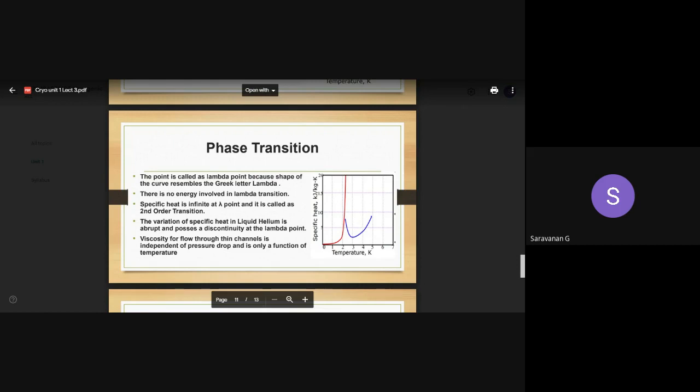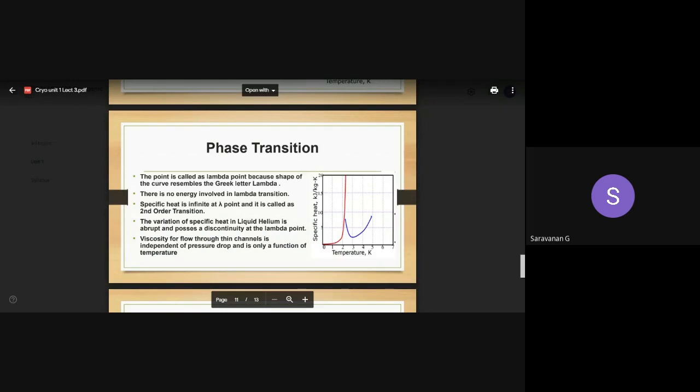But a first order transition involves latent heat, whereas in a second order transition there is no energy involved. That's the answer for the difference between first order and second order transitions with respect to discontinuity and continuity.